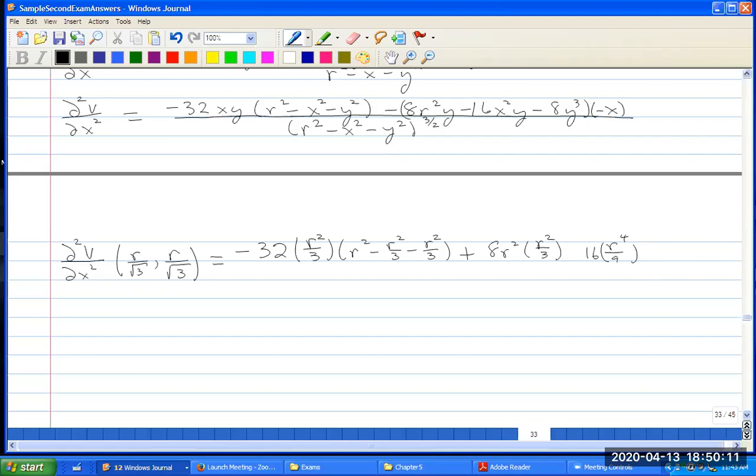Let's give you a minus 8 r to the 4th over 9, divided by, maybe I'll still just write this as r squared minus r squared over 3 minus r squared over 3, to 3/2.